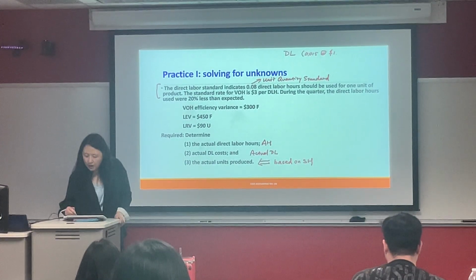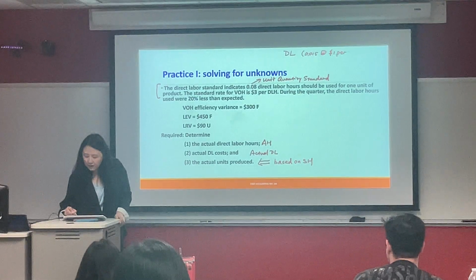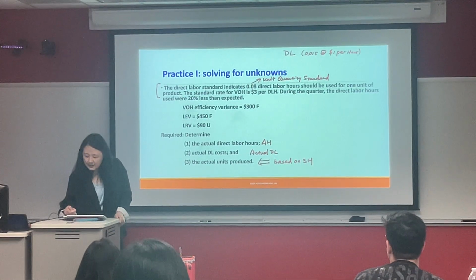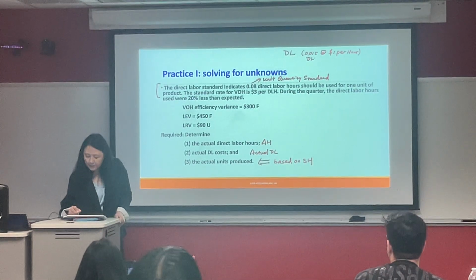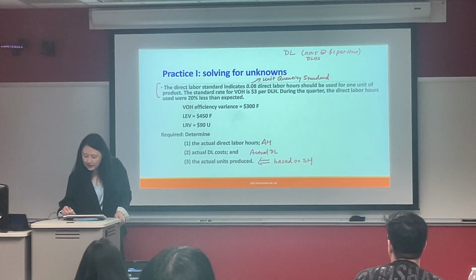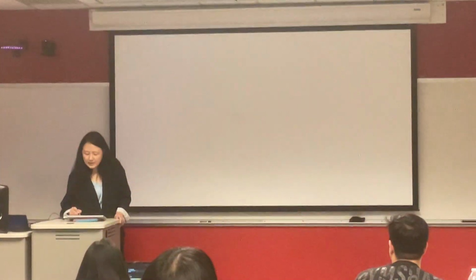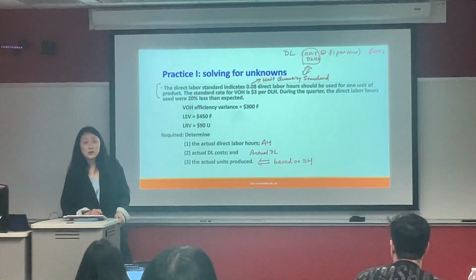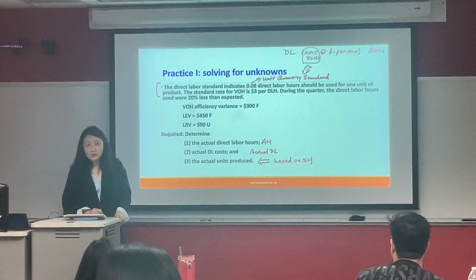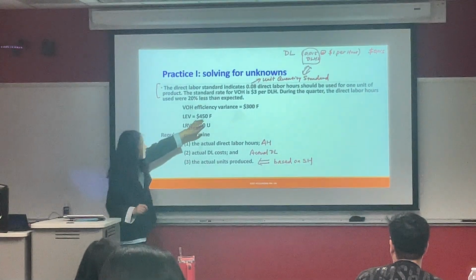So $1 per hour, right? This is direct labor hours. Then you get 0.015. This 0.015 is the unit quantity standard. Okay, so that's that information.